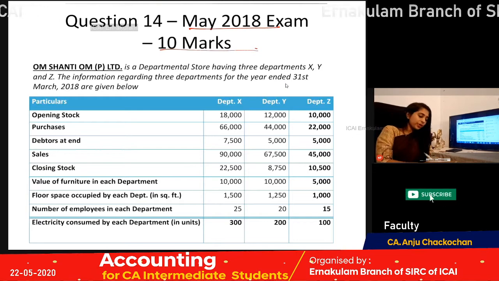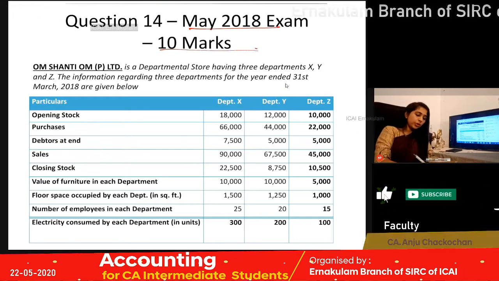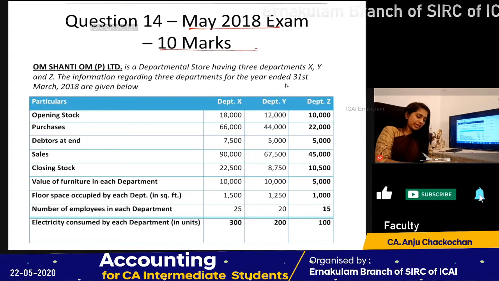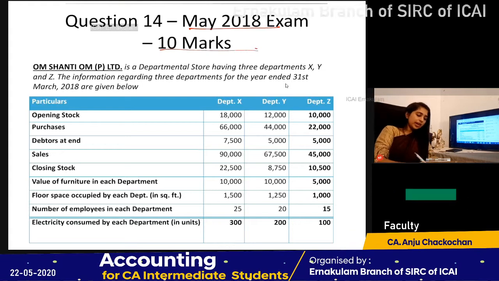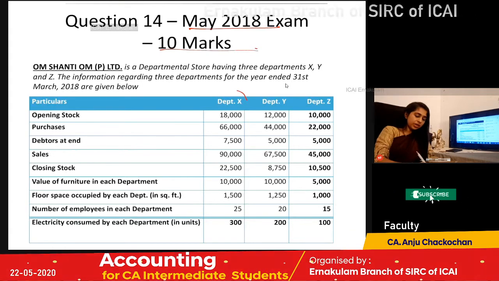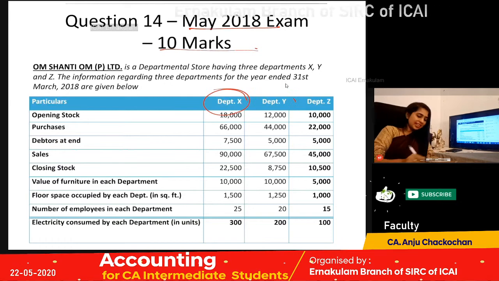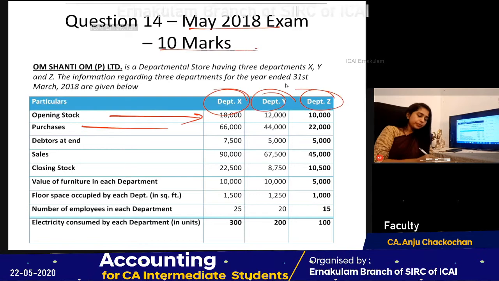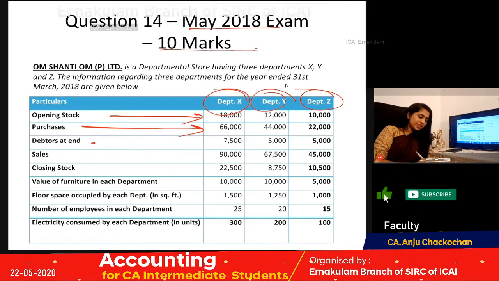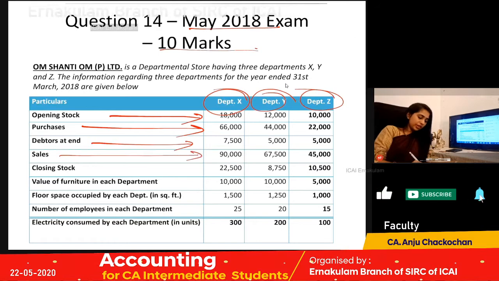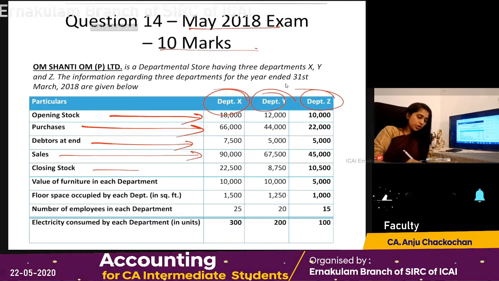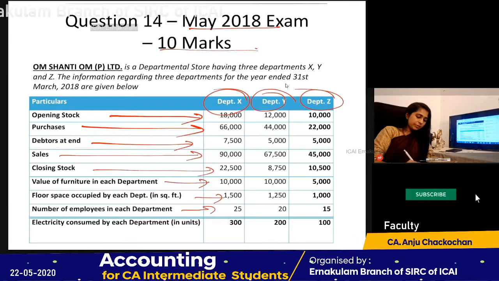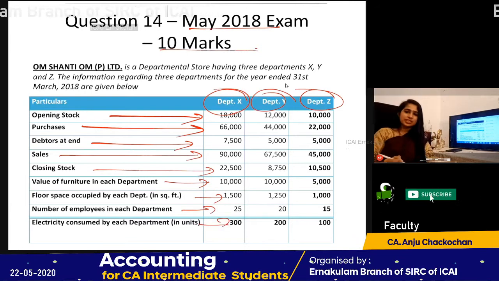Om Shanti Om Private Limited is a departmental store having three departments X, Y, and Z. The information regarding the three departments is given. Opening stock is given departmental wise. Purchases is given departmental wise. We have the closing debtors, the sales, the closing stock, the furniture value, floor space, number of employees, and electricity consumed.